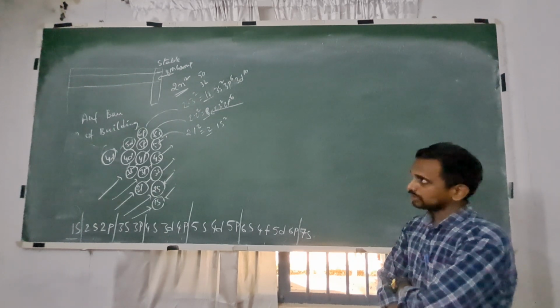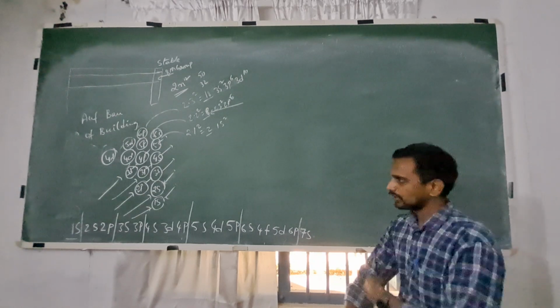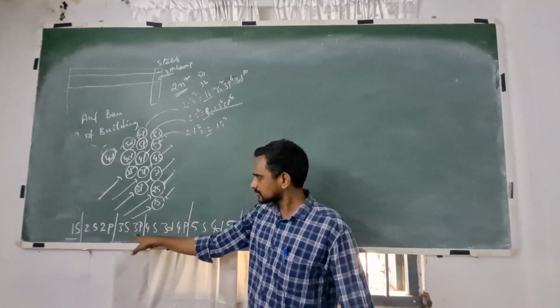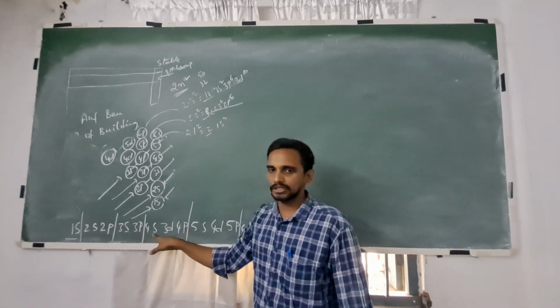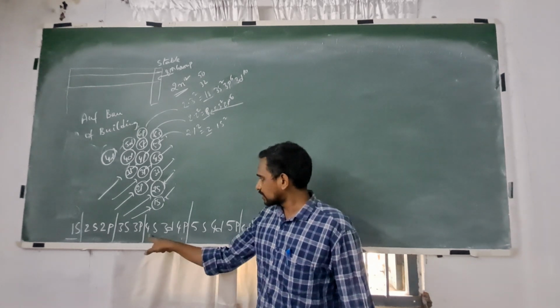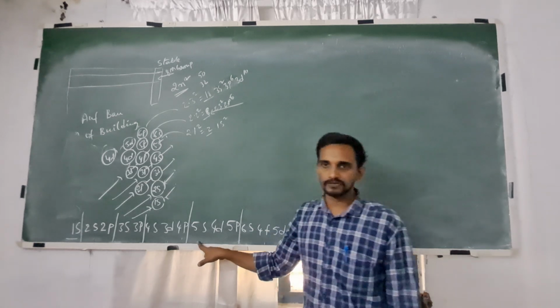Even though the third orbit allows 18 electrons, after you fill 2 plus 6, 8 electrons, electron enters into fourth orbit. And after you reach 4s and 4p, electron enters into fifth orbit.